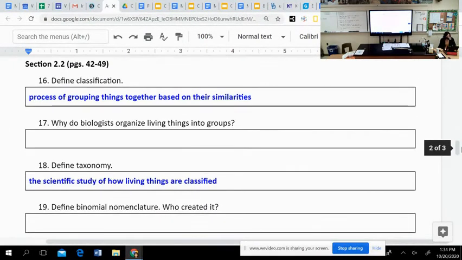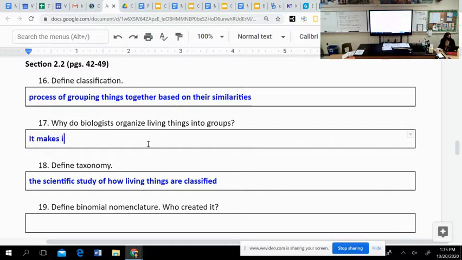Okay. Classification then is defined as the process of grouping things together based on their similarities. Question 17 is why then do biologists organize living things into groups? Is that important? Haley? Okay.